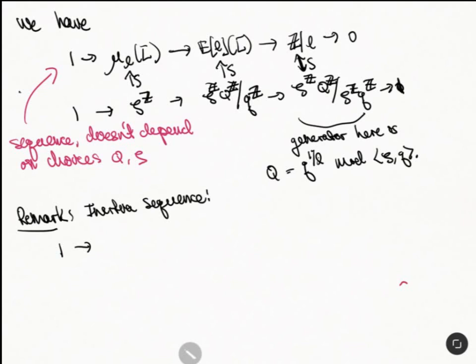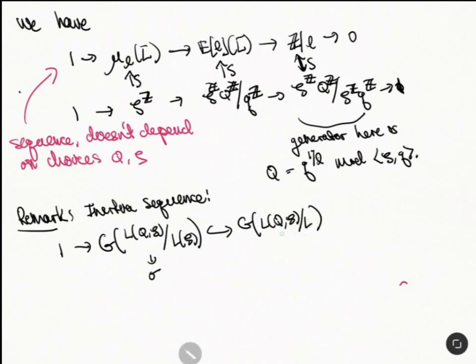And here we're going to have G of K(q, zeta) over K(zeta). These guys will fix the zetas, so we'll have the sigma in here. And then we have G of K(q, zeta) over K. This is a Galois extension, the torsion field extension here.